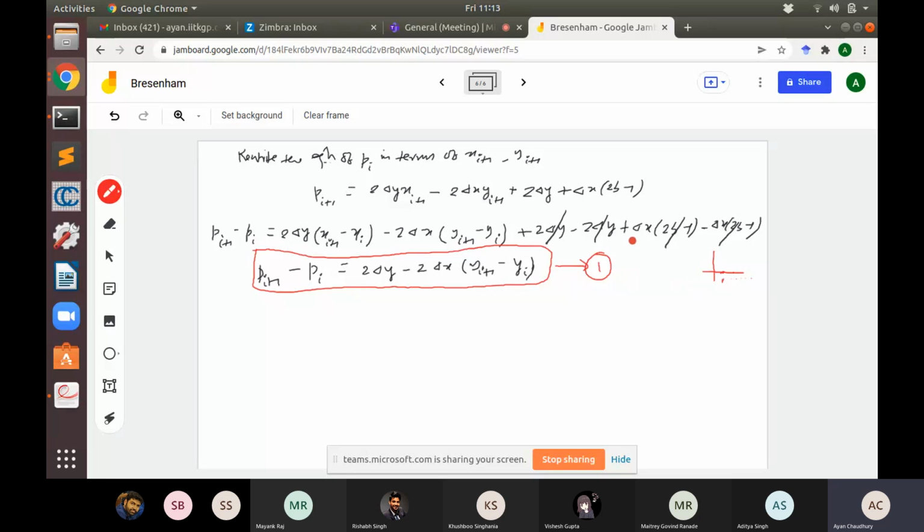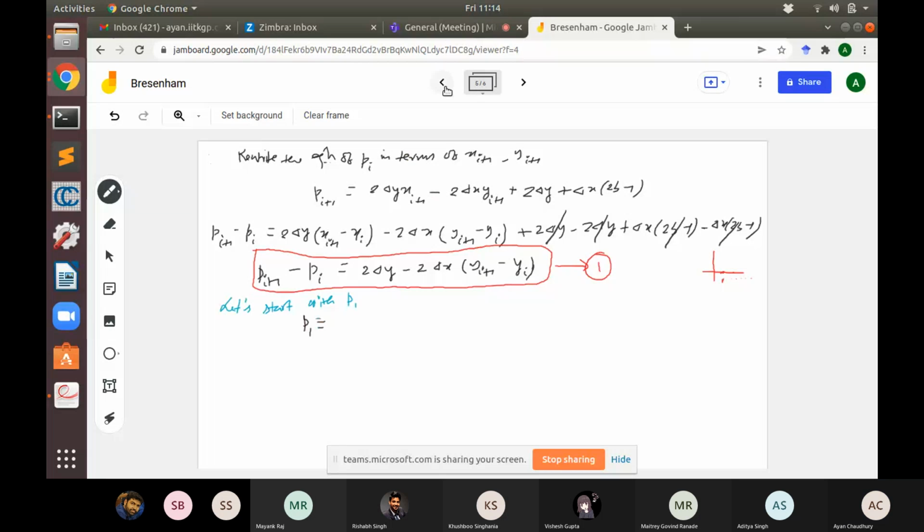So let's start the iteration with some initial value, p1, because we have to complete the first iteration, and without p1 we cannot do anything. So what will be p1? We can get p1 from the expression of pi.